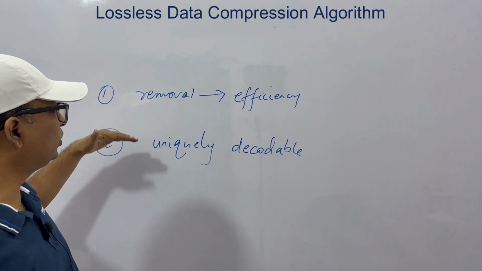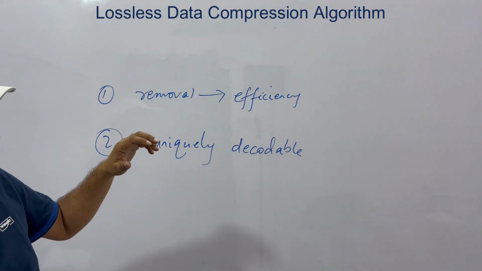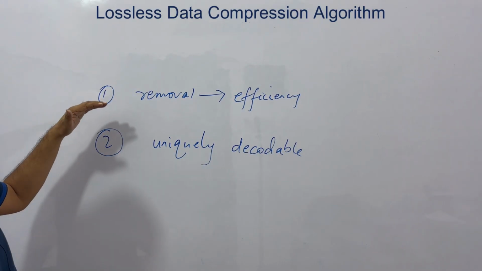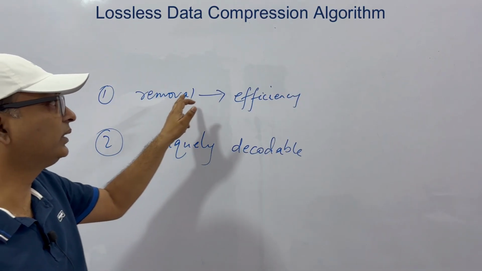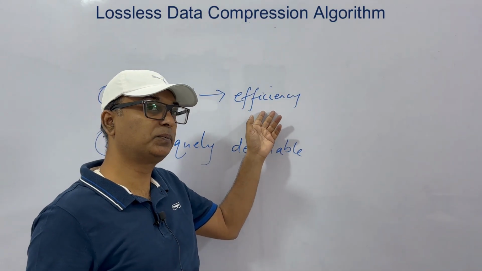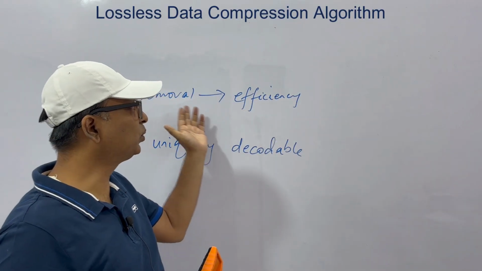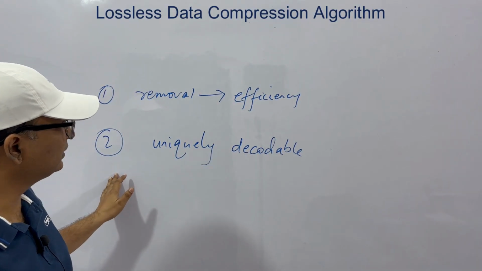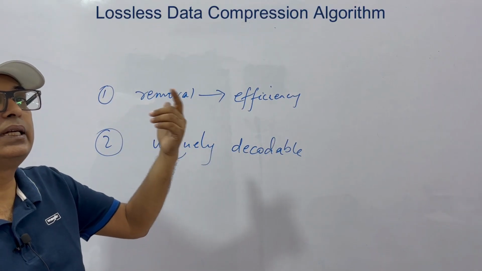So there are two criteria to be fulfilled here. First, you have to remove redundant data so that your average number of bits per symbol is efficient. Second, the encoding you do should be uniquely decodable.